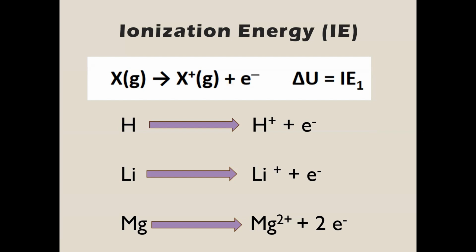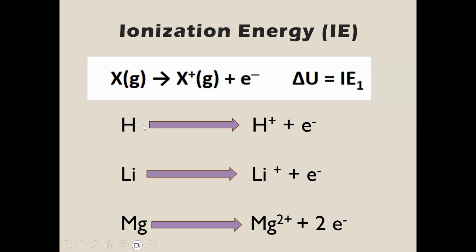Ionization energy depends on which electron will be removed. So we call it ionization energy 1 if it is the removal of the first electron. The removal of the second electron is ionization energy 2. The energy required for removal of the second electron will be ionization energy 2. Okay?